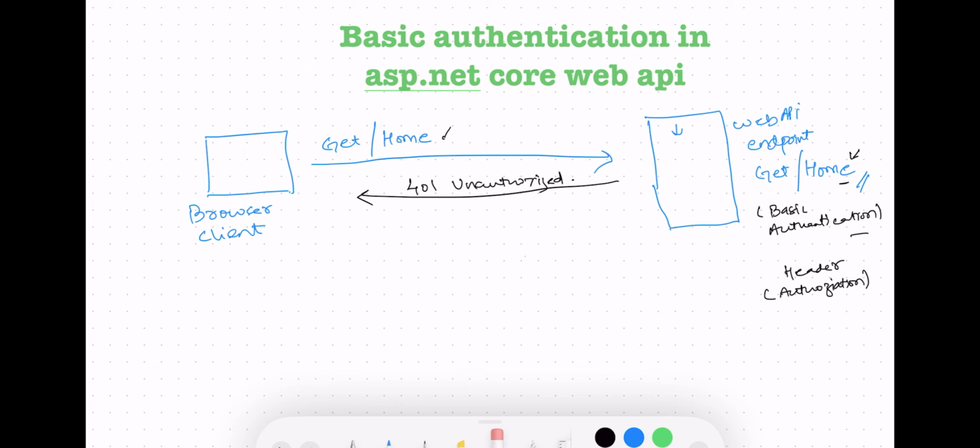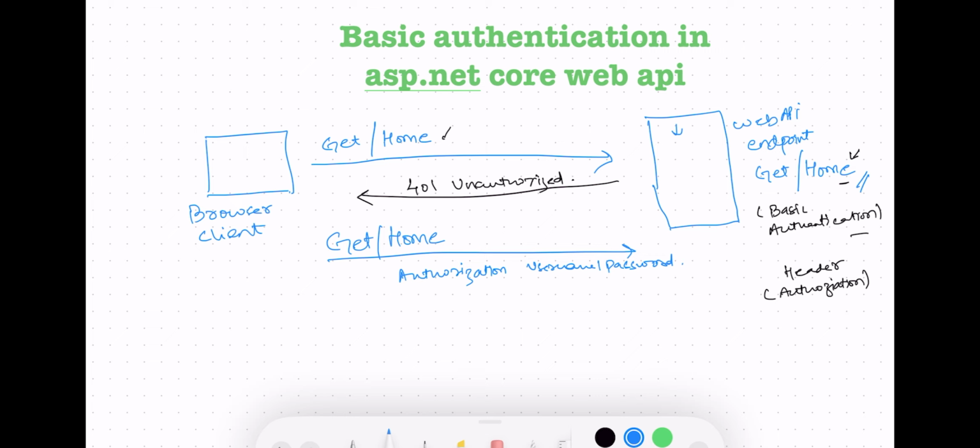So now the client is going to send another request to the server, on the same endpoint, but this time it is also going to add a header, and the header will contain this key called authorization, and it will send some username and password. Then it will send it to the server.